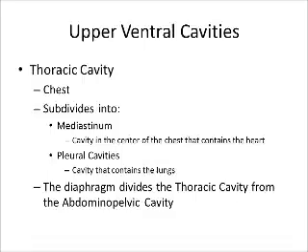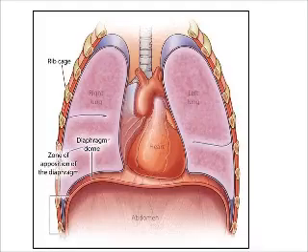The diaphragm divides the thoracic cavity from the abdominal pelvic cavity. We're going to talk about the diaphragm a little bit later, but it is a sheet-like muscle that transects, or is in the transverse plane, that divides the upper thoracic cavity from the abdominal pelvic cavity.